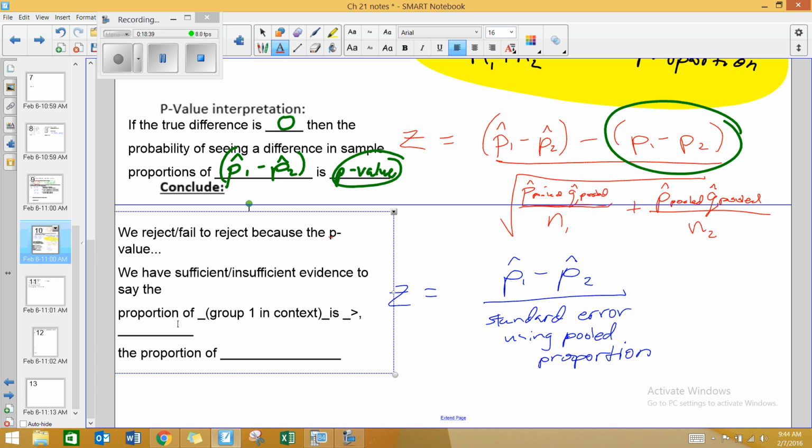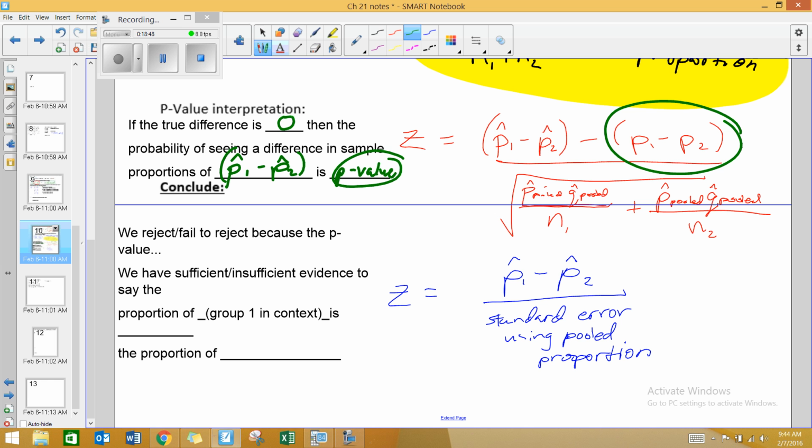So it's either greater than, less than, or I'll write this out with the pen, any one of those three.